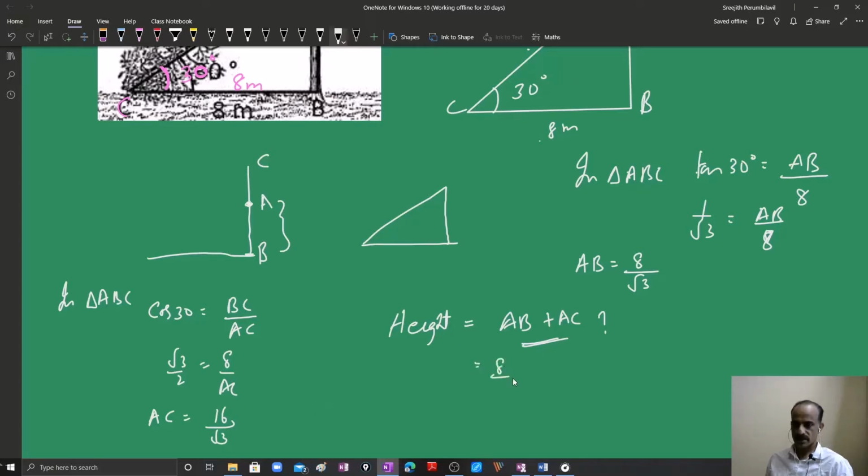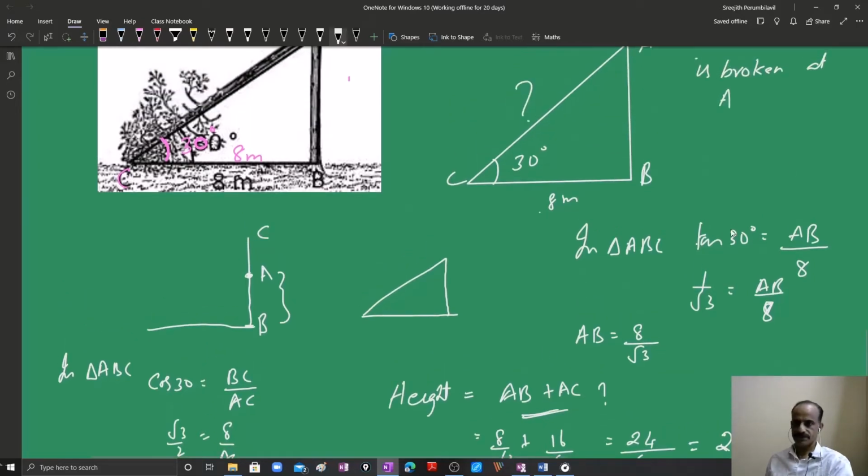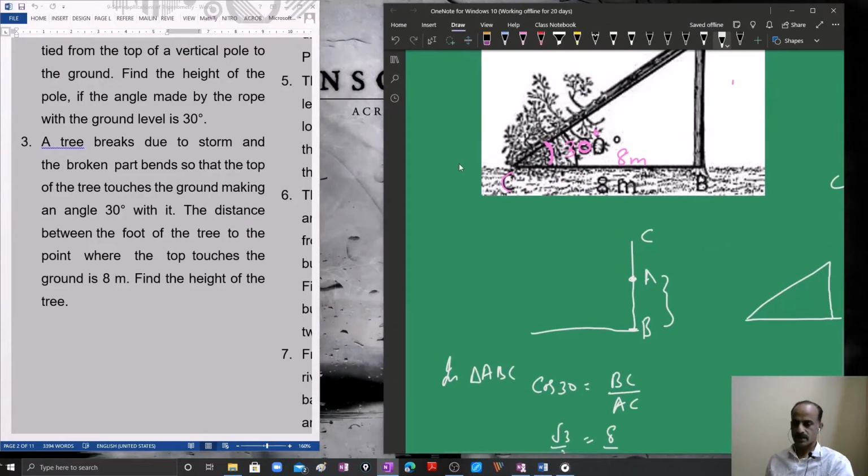So this is 8 by root 3 plus the other one, 16 by root 3, that is equal to 24 by root 3. Multiplying by root 3 upon root 3, that is equal to 8 root 3 meters, which is the total height of the tree. Okay. Let us go to question number 4.